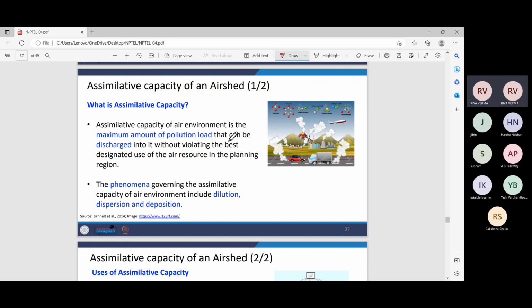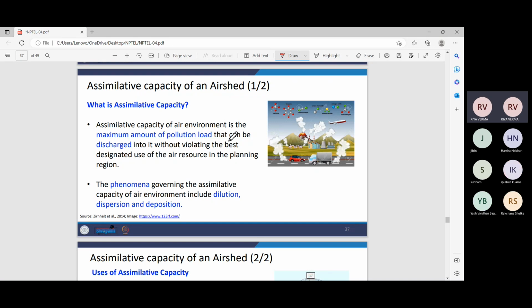The phenomena governing the assimilative capacity include dilution, dispersion, and deposition. Dilution of the pollution emitted from the sources, then dispersion of those pollutants, and also deposition of the pollutants in the environment. These three factors are responsible for the assimilative capacity of an airshed.